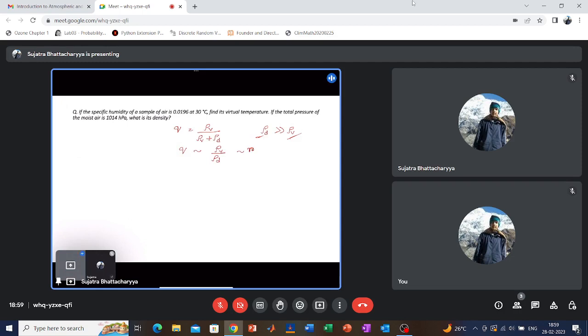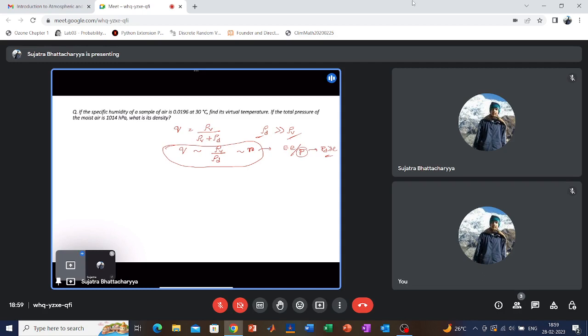So mixing ratio and specific humidity denote the same thing. In your calculation, you can use the same formula for R which we derived in the previous question, epsilon E by P, where P can be Pd or the total pressure, because Pd is much greater than E.